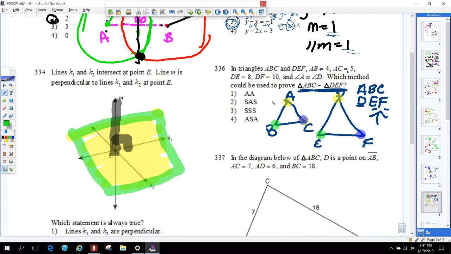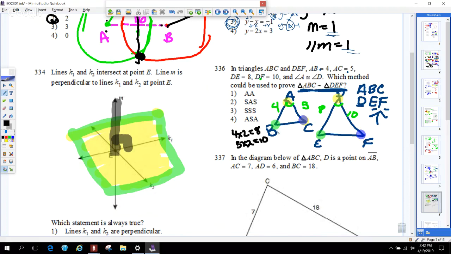Which method could be used? Well, it tells us AB is 4, AC is 5, DE is 8, and DF is 10. And it tells us that A and D match. So let's think about it. Well, 4 times 2 is 8, and 5 times 2 is 10.